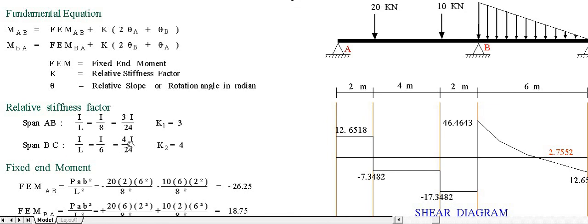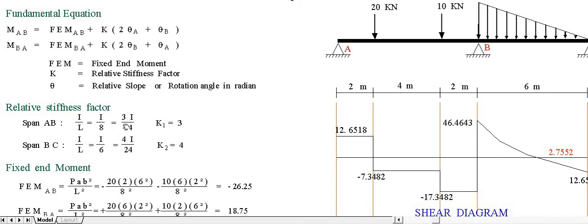Then span BC is 1 over L or 1 over 6. Get the least common denominator. 24 can be divided by 8, and 24 can also be divided by 6. So the least common denominator is 24.